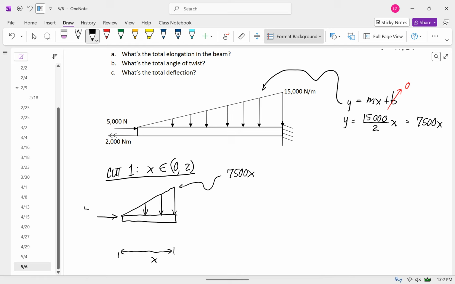And we have 5,000 here and a torque of 2,000 going the other way. And then we have our internal loads, T, V, M, and fancy T.